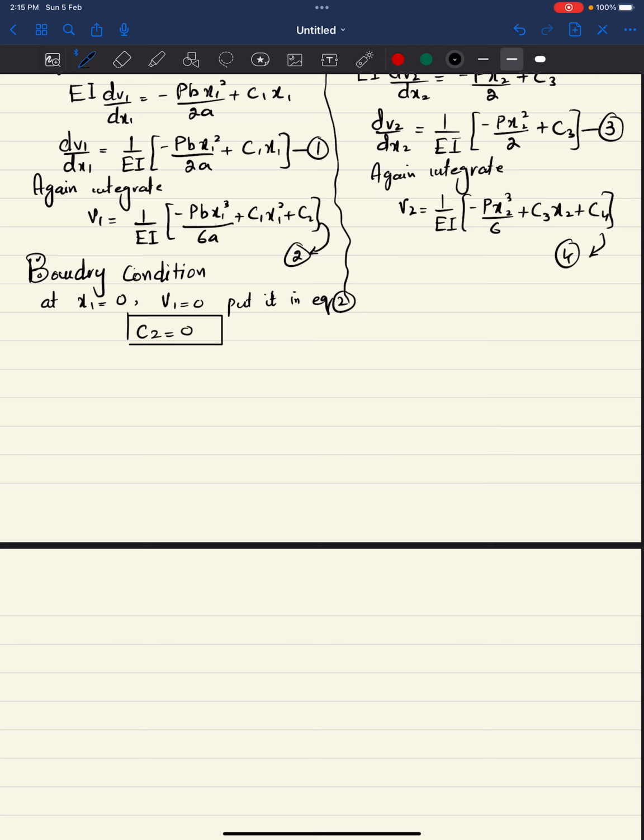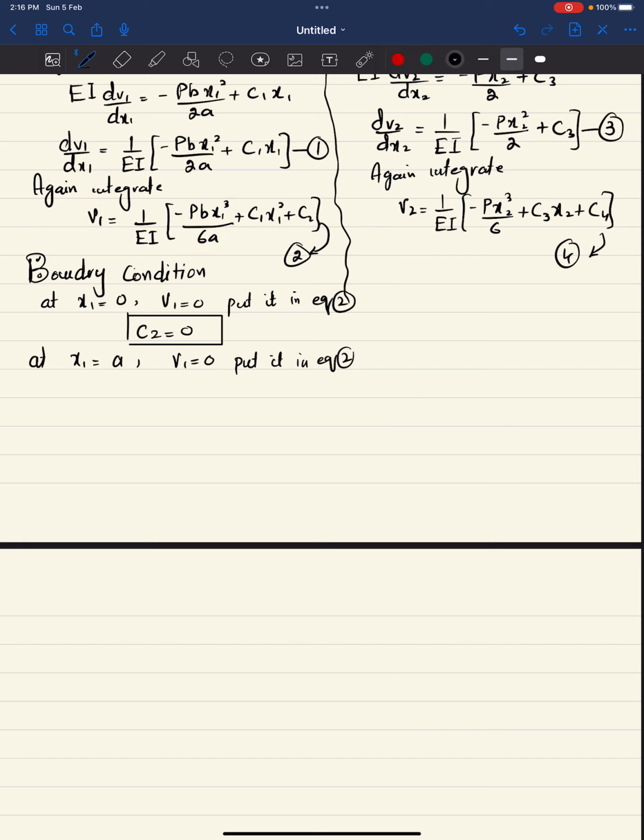Now another boundary condition that I have written: at x equal to a, we have v1 equal to 0. So put it in equation 2. You can see that this term will be 0, and this term will be minus Pb a³/6a.